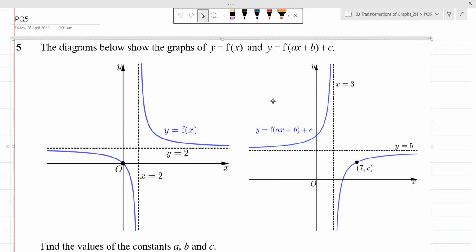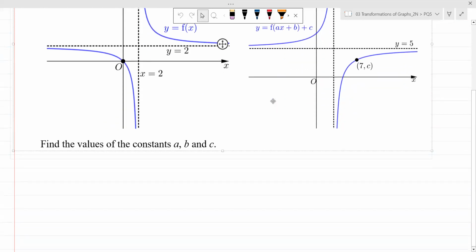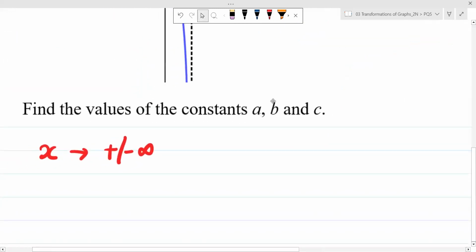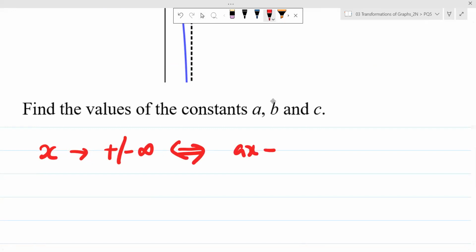Okay, the key thing to understand in this question is that if x goes to infinity, ax plus b also goes to infinity.